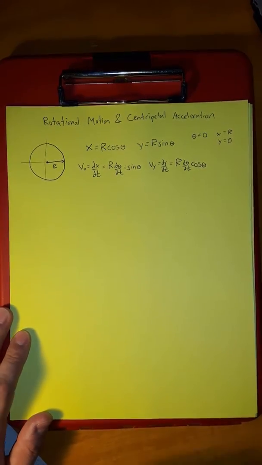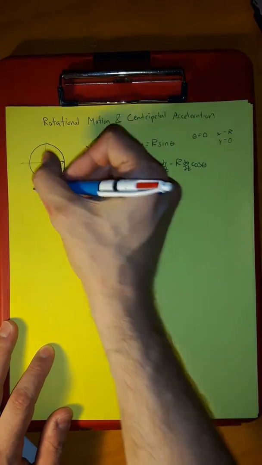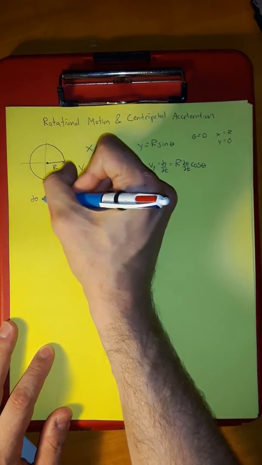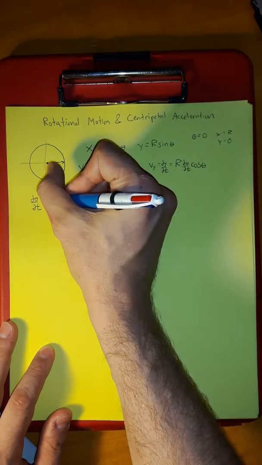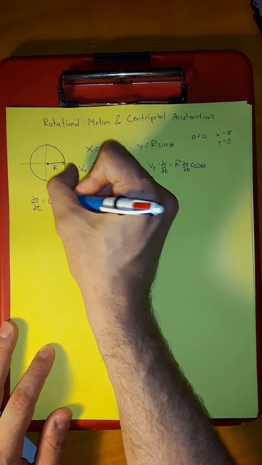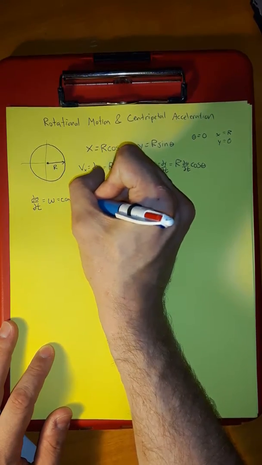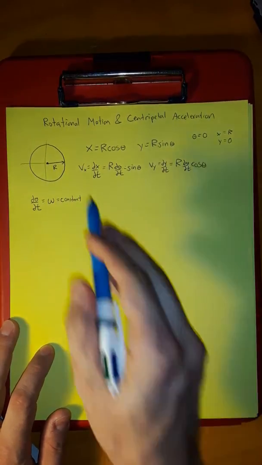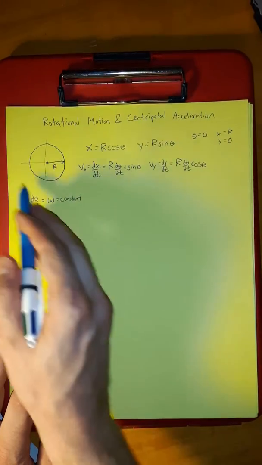So I'm just going to say the rate of change d theta by dt is going to be equal to omega, which is going to be a constant. This is only assuming that the rotation around the circle is following some constant.